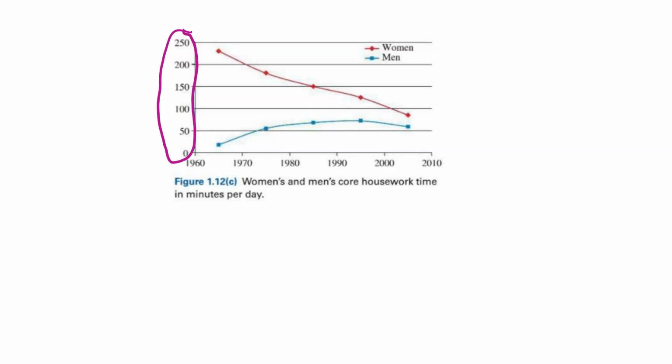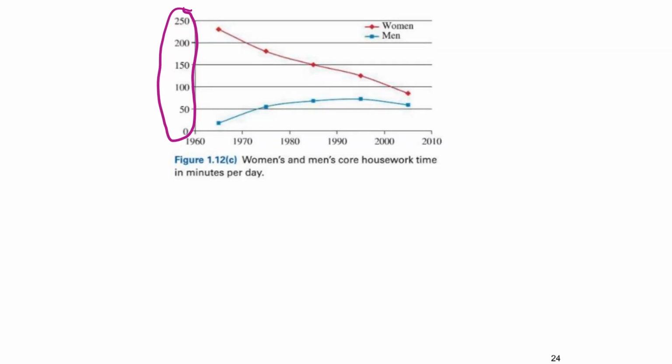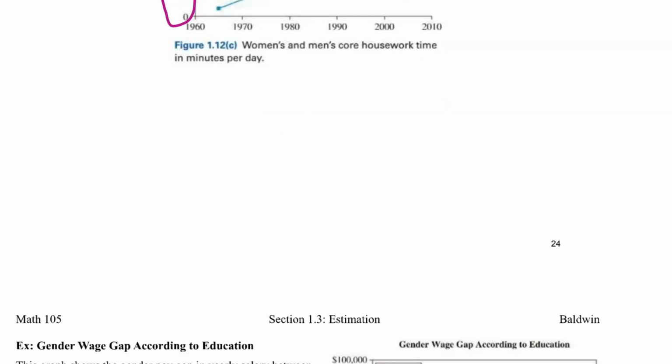But it is still fairly obvious with this representation of the data that women are still doing more housework on a daily basis than men are. So it's important to keep those things in mind when we're analyzing a graph or a visual representation of data.